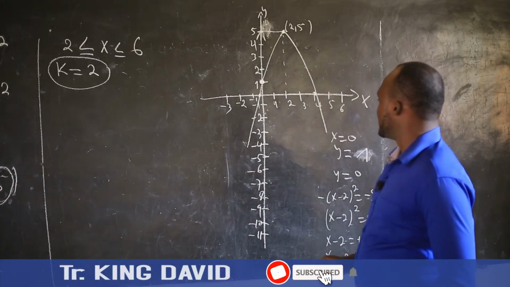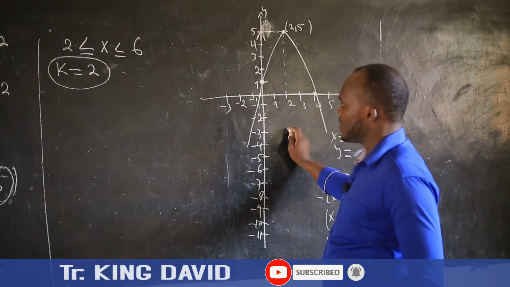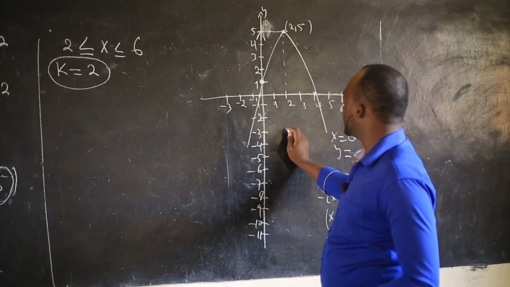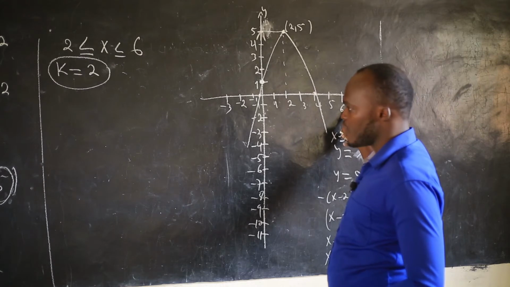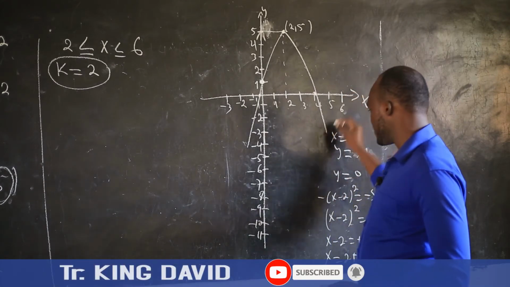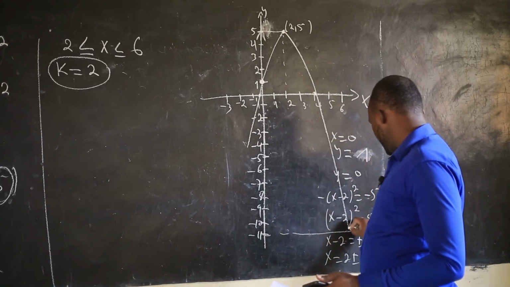So now what do we need? We need to see the domain of that function. For x equal to 6, we have negative 11, it will be down here.